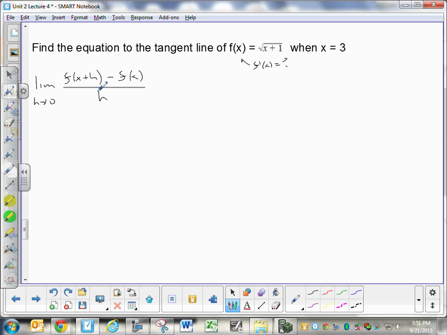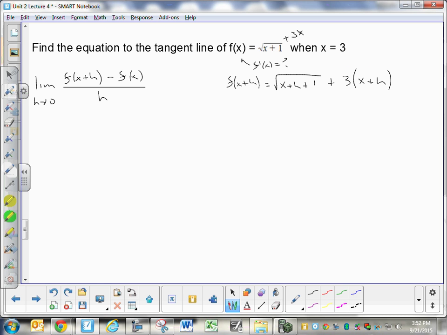Let's start by writing down our magical formula that will help us discover the buddy. Okay, we start out with that. Well, we know what f of x is. What is f of x plus h? Wherever I have x, I need to replace it with x plus h. So this is the square root of x plus h plus 1. What's really important is if they had another term, like if this was root x plus 1 plus 3x, you would need root x plus h plus 1 plus 3 times the quantity x plus h.